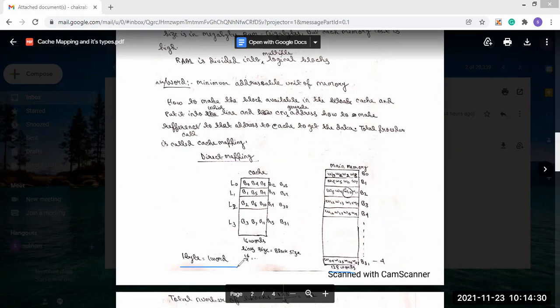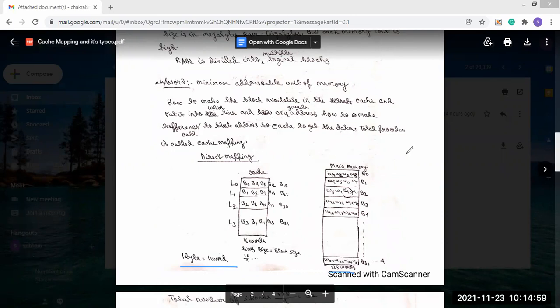Now in RAM the data is stored as blocks, and here we are considering that each block can store 4 words, or 4 bytes.